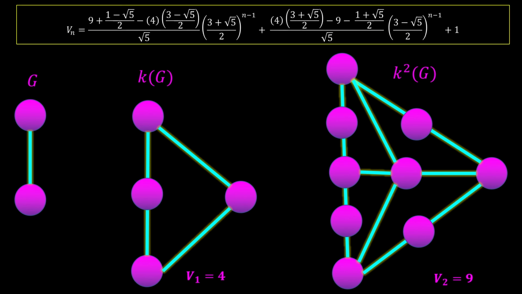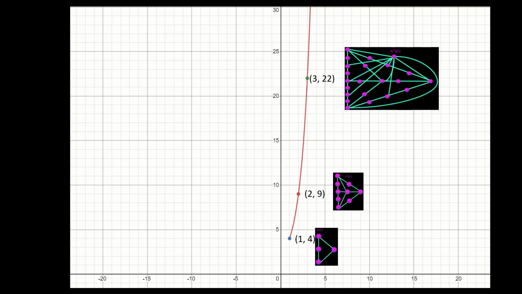The resulting function gives us the number of vertices of the nth simplex of this graph. Here's what this function looks like when plotted. The y value taken at each positive integer x value is the size of some simplex of our graph.